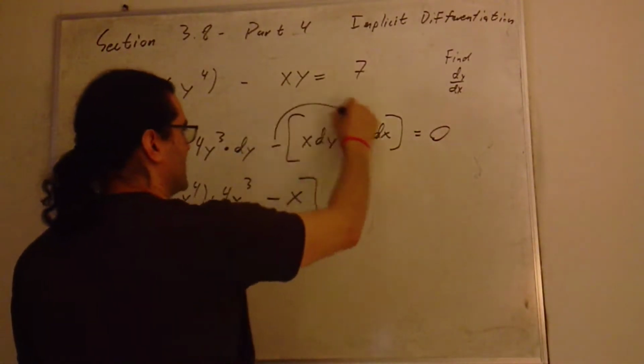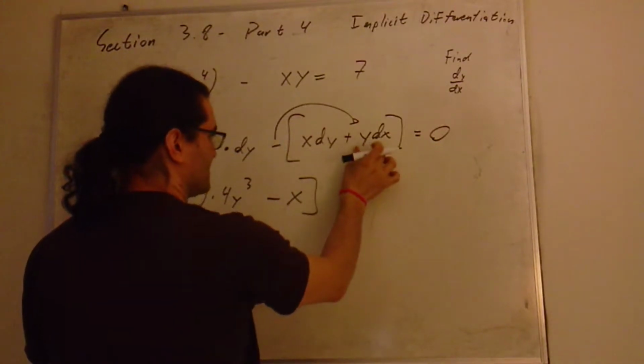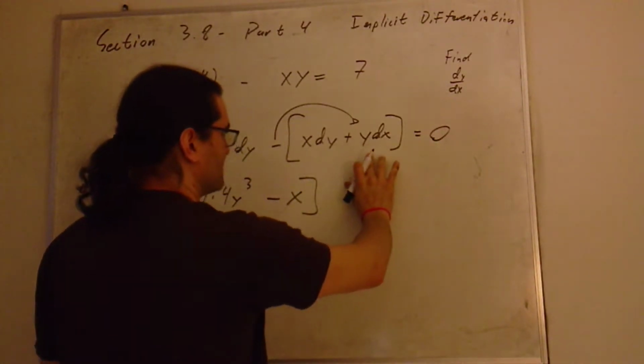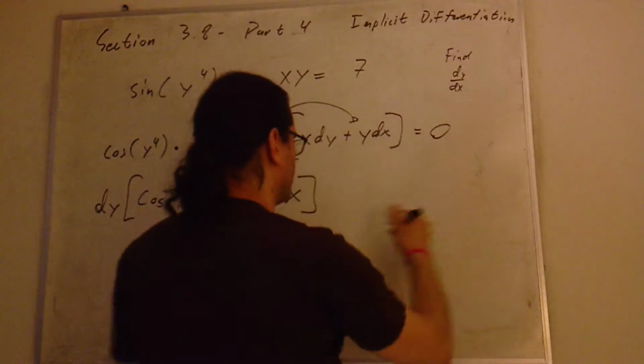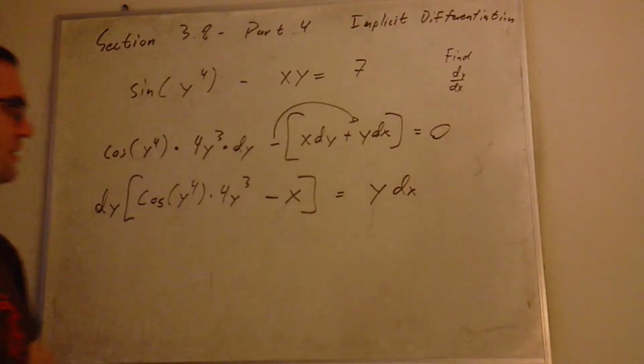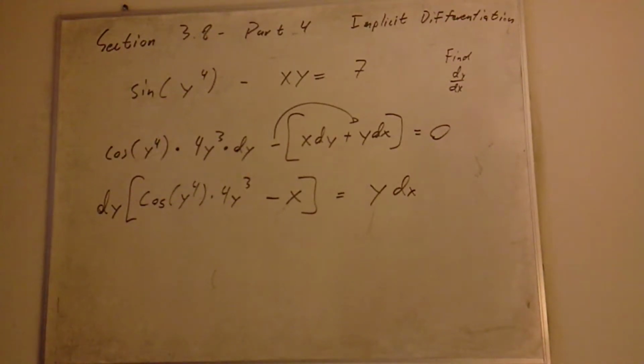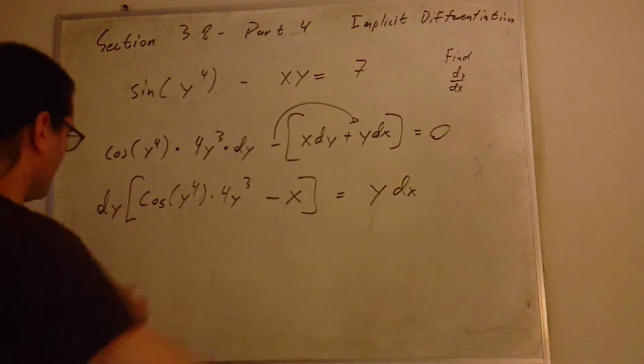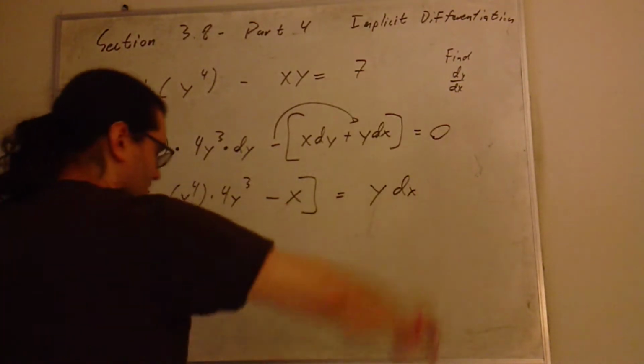This negative sign needs to distribute, so this is actually minus y dx, which means I need to add it to both sides. So I'll get y dx on the right as well. And this is now completely separated. All my dy's over here, all my dx's over there.